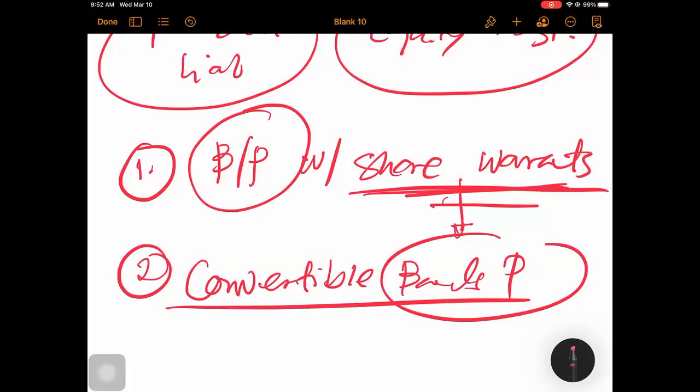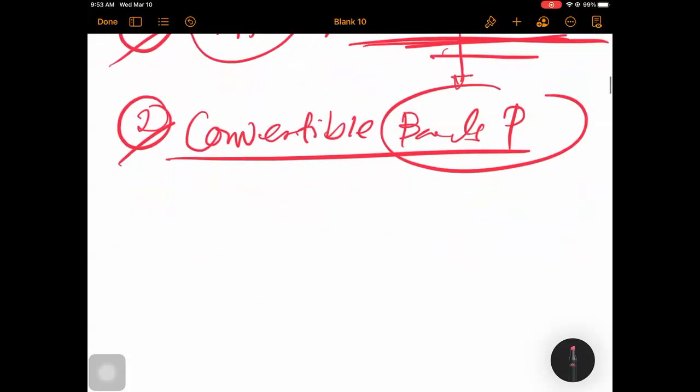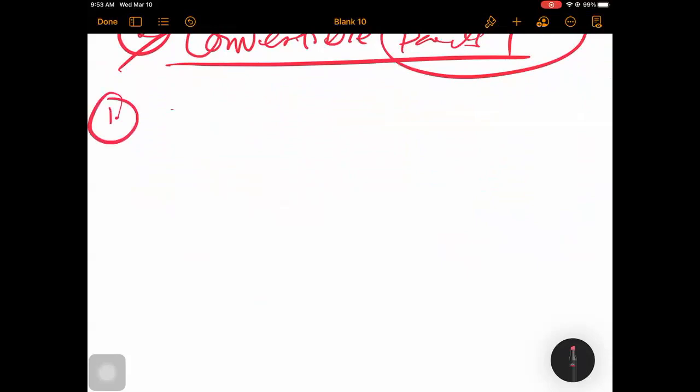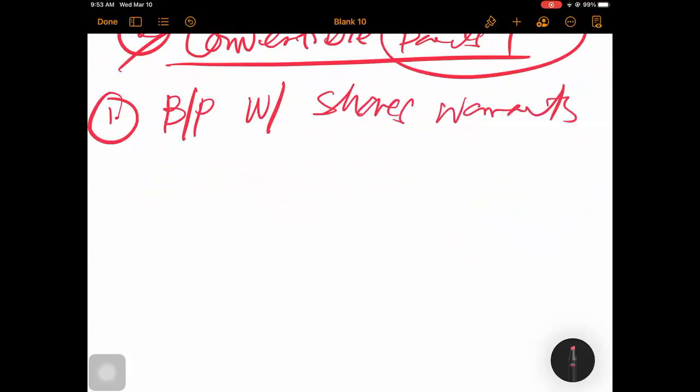So how do we account for compound instruments? How do we account for these two, bonds payable with share warrants and the convertible bonds payable? Let's start first with bonds payable with share warrants. Again, aside from the bonds payable issued, nag-issue ta og share warrants which can be used by the holder of the instrument to acquire shares in the company of the issuer.